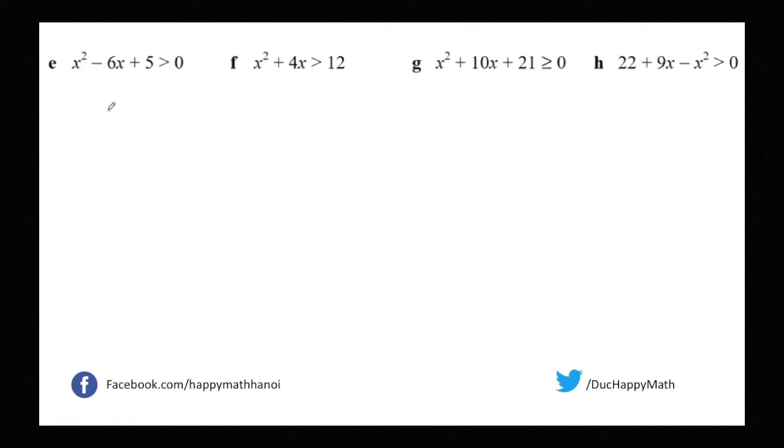Question E. Delta equals b squared minus 4ac.